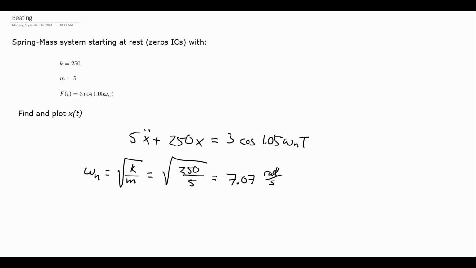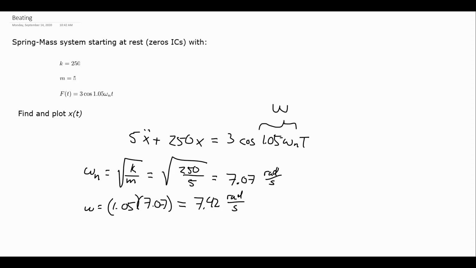So our driving frequency, we can then calculate: 1.05 times the 7.07 that we just found. We get 7.42 radians per second.